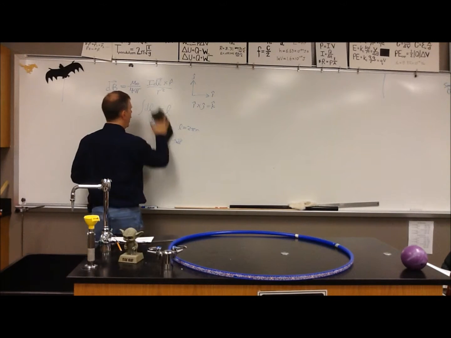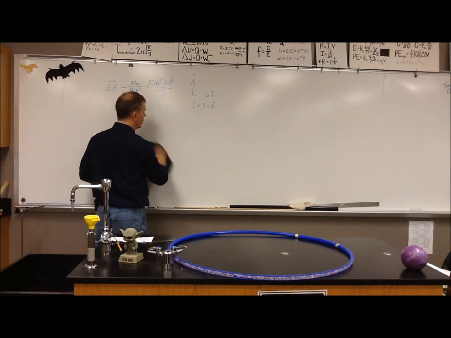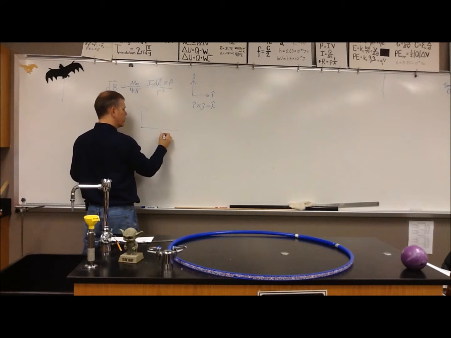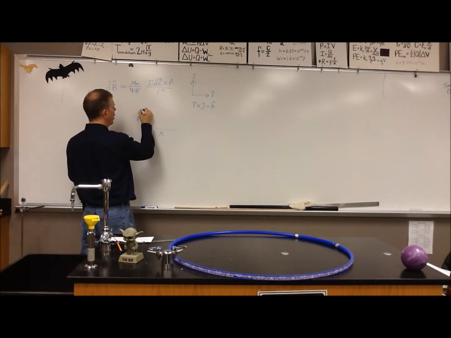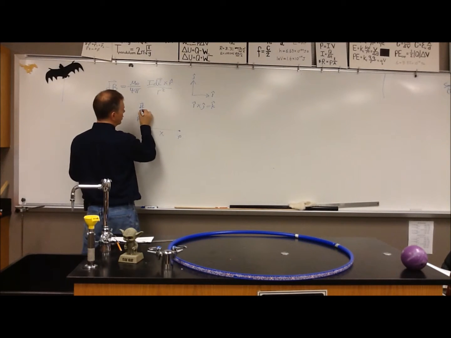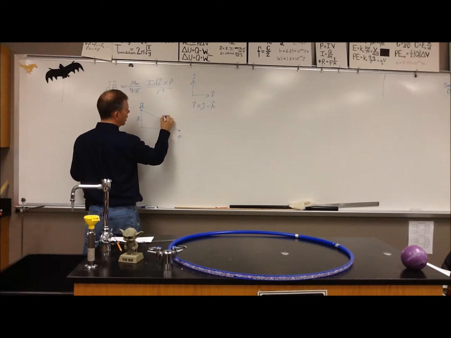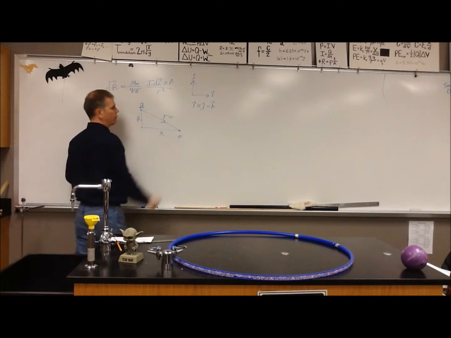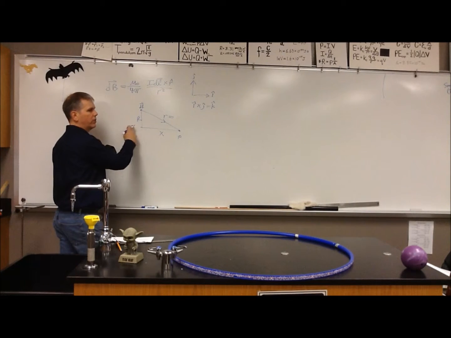All right. Other things that I'm assuming that we remember. We remember that if we have something set up where, and I'm just going to give you the actual letters we're going to use, there's going to be an x and there's going to be an r. Here's going to be our dl up here, coming out of the page or something. And here's going to be our point. So this is going to be r. And what does r equal relative to these two?